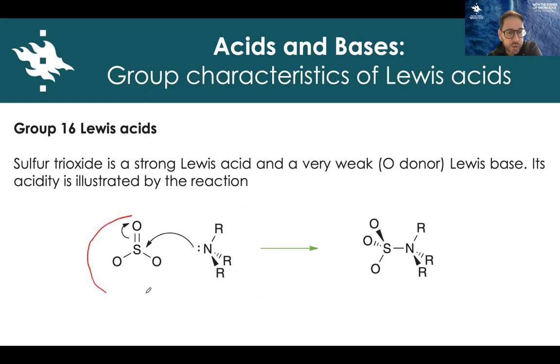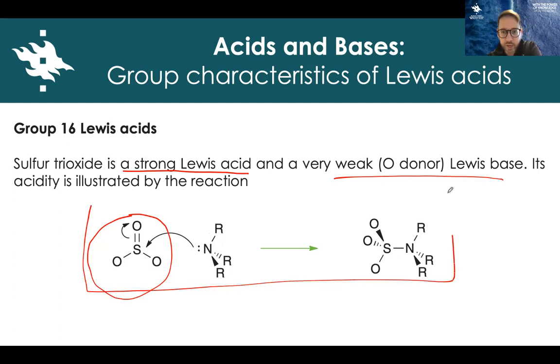species or ruthenium metal, acting here as the Lewis acid. Sulfur trioxide acts as a strong Lewis acid and a very weak Lewis base. The Lewis acid behavior can be illustrated by this kind of reaction, forming an adduct with an amine, for example.